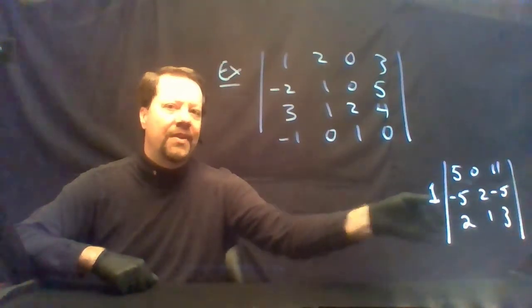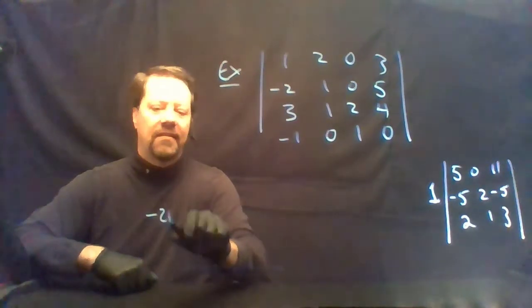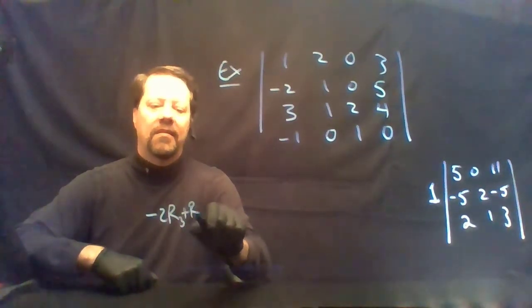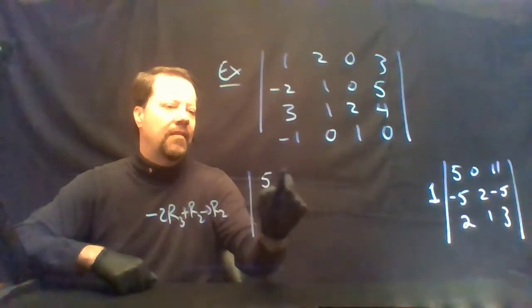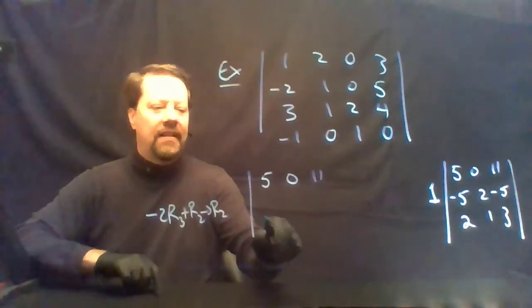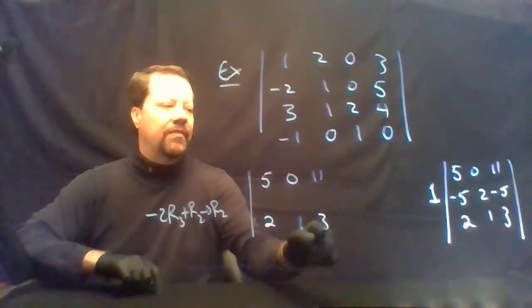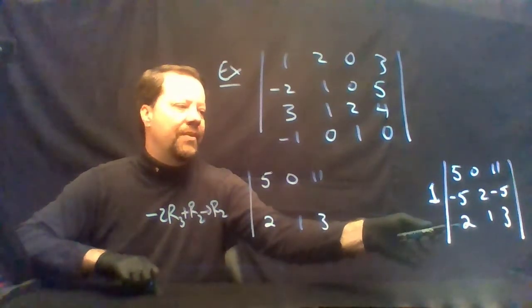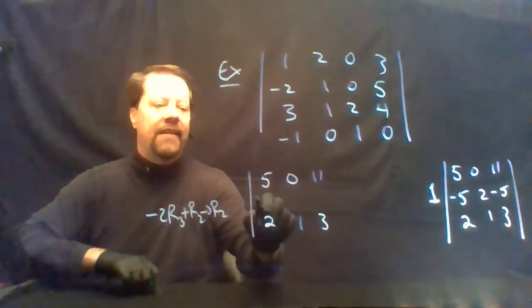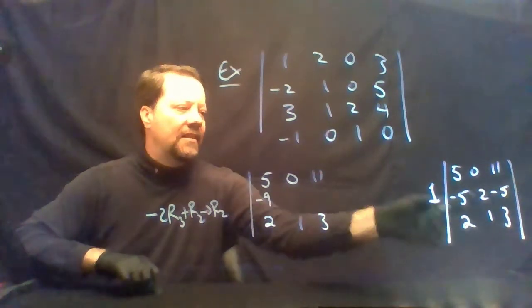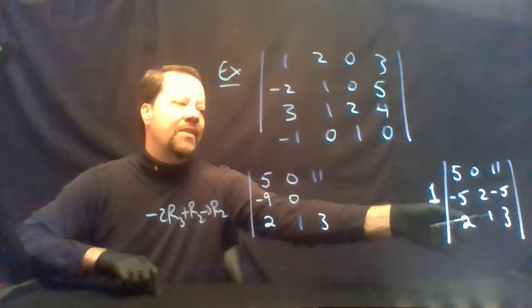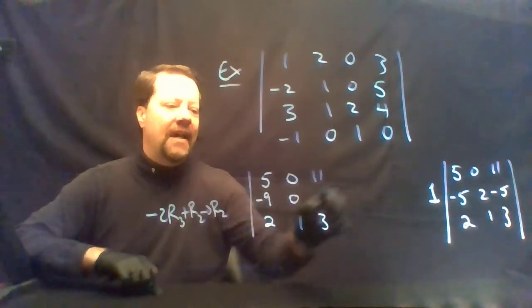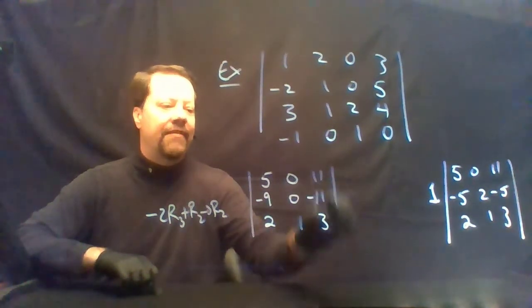That'll put a 0 in this middle spot. That leaves the last row alone, but we're doing negative 2 times 2 is negative 4 plus 5 is negative 9. We'll get a 0 in this spot by design. Negative 2 times 3 is negative 6, and negative 5 makes negative 11.